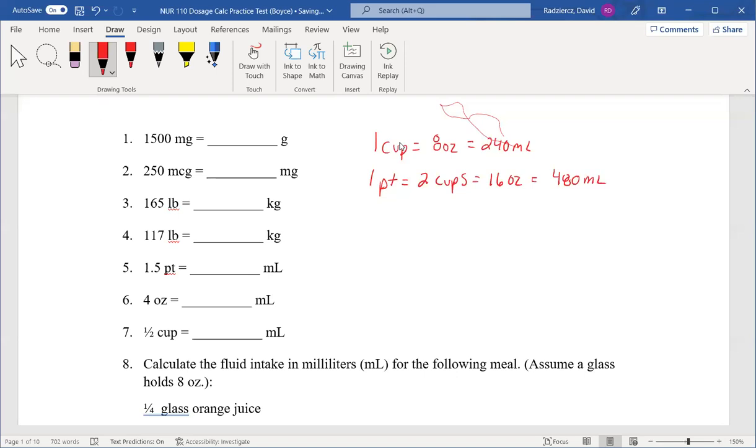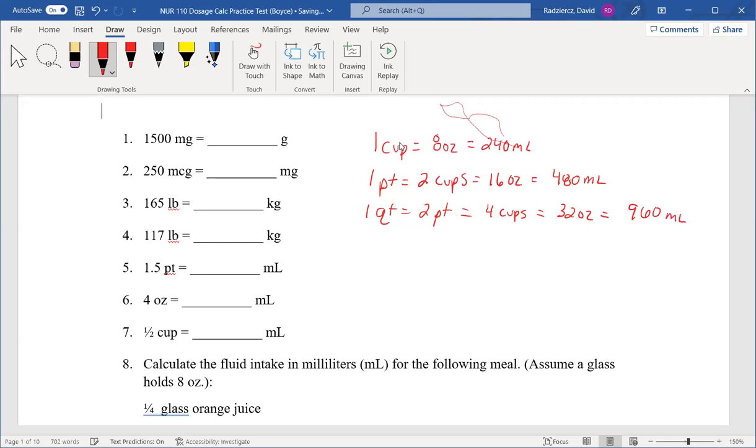And then 1 quart is equal to 2 pints, which equals 4 cups, which equals 32 ounces, which is 960 milliliters.